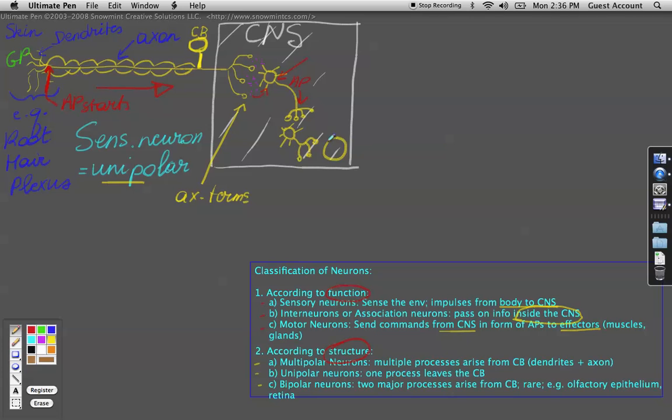And this one then, in its turn, might synapse with a motor neuron. And notice that the cell body of our motor neuron is going to be having many dendrites, and that already tells you that we're going to be dealing here with a multipolar neuron. So here is our typical somatic motor neuron, meaning I'm drawing the kind of neuron that's going to go to skeletal muscle.